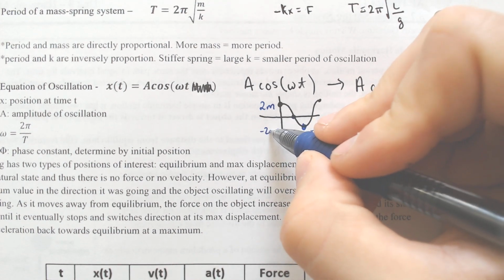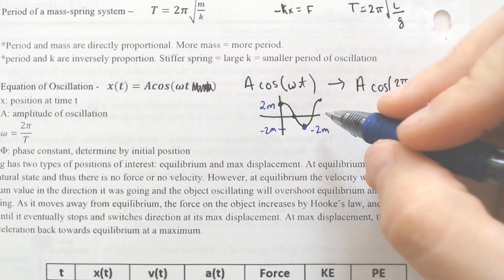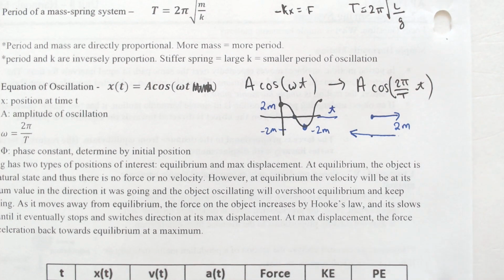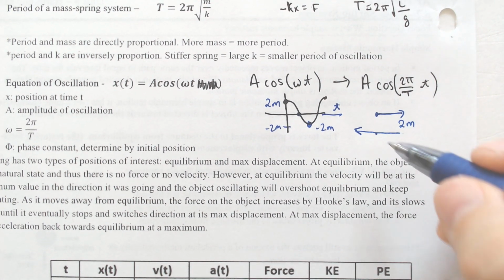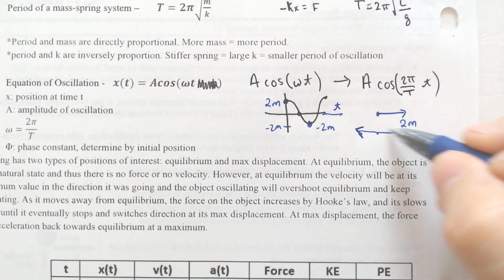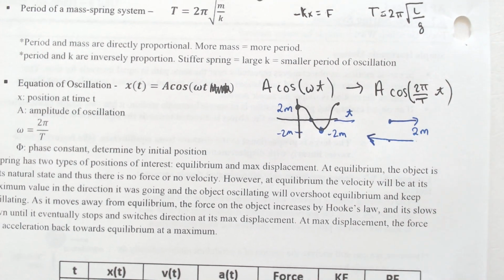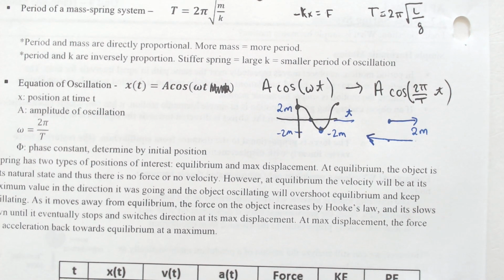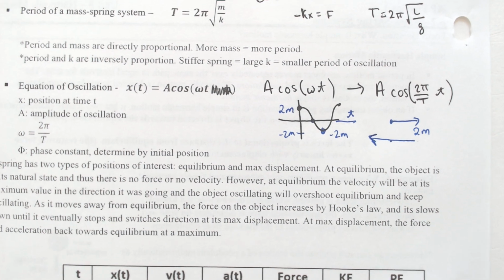This would be down here at negative 2 meters, and so on and so forth. And this would represent time. So the spring, in theory, will go back and forth forever. That is what makes it simple harmonic motion if you neglect to consider any friction.